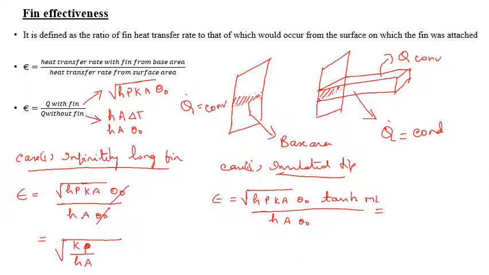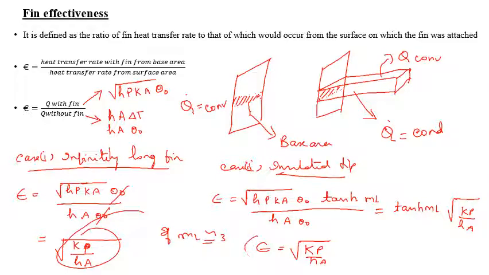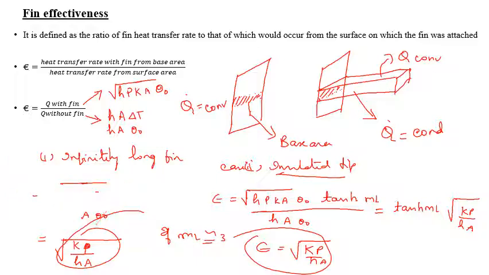On simplification, I can write it as tanh(ml) with the square root of kP by hA. It is observed that if ml is greater than 3, a very large value, effectiveness can be given as square root of kP by hA. In both cases, this term square root of kP by hA remains the same. So that is the base for our next conclusions to come.